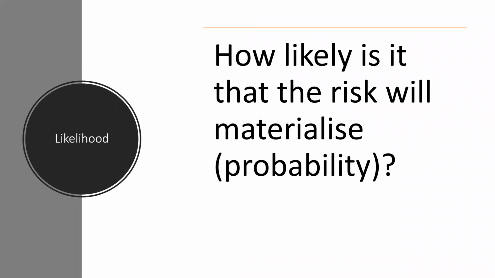Likelihood. That is where we're asking ourselves the question, how likely is it that the risk will materialize? Taking everything into account, taking the vulnerabilities that we have, taking the threats to this information asset. How likely is it that the risk will materialize? That is the question we asked ourselves.